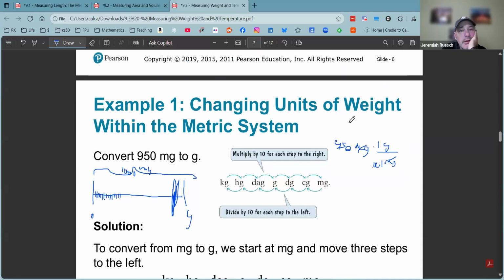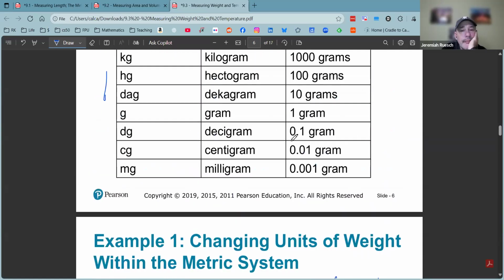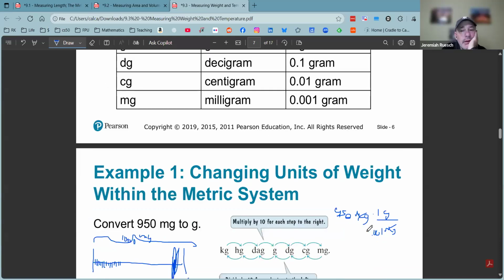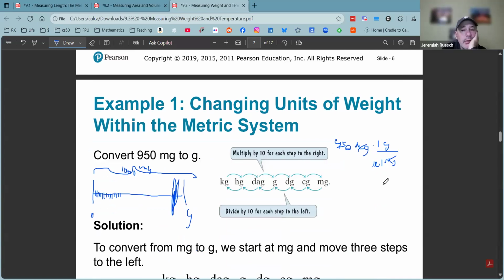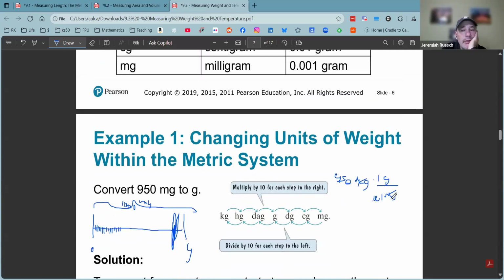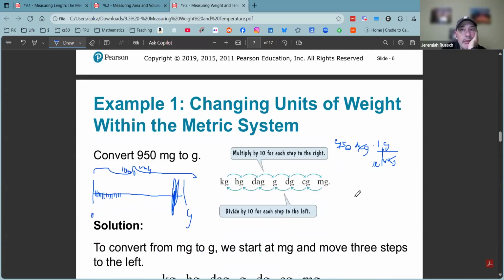Oh, no, I'm sorry, I did that backwards. I have milligrams and I want grams, so I need to reverse this. Sorry, I made a mistake there. What I'm saying is true, but what I'm writing is wrong.